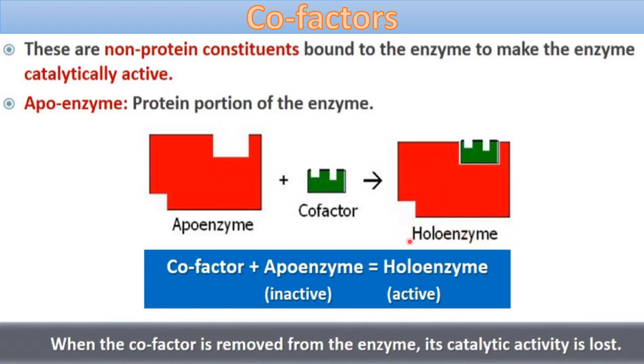It can catalyze a reaction. Got it? So cofactor plus apoenzyme is called holoenzyme. Apoenzyme is inactive. It gets activated only when it gets bound with cofactor, right? So when the cofactor is removed from the enzyme, its catalytic activity is lost.